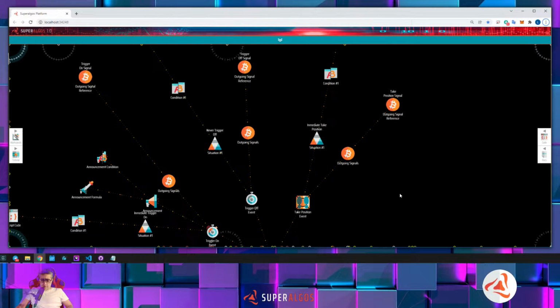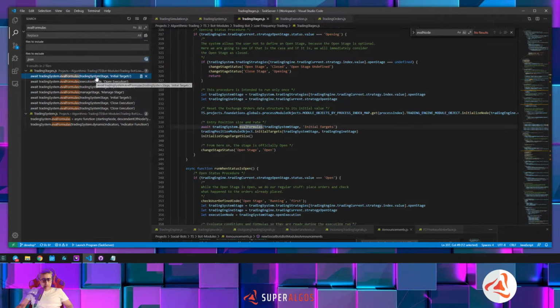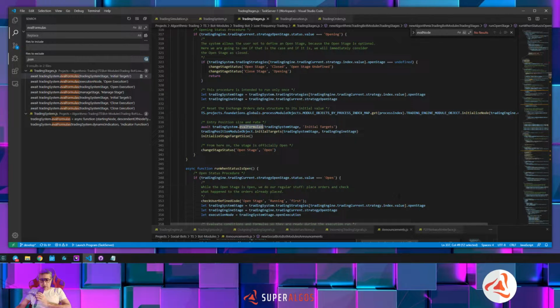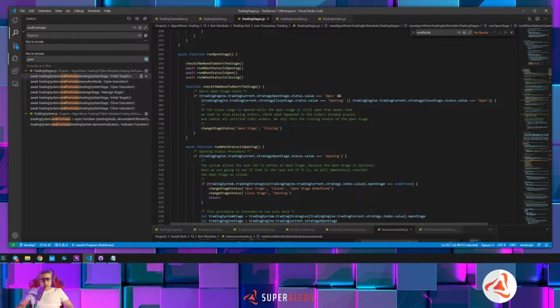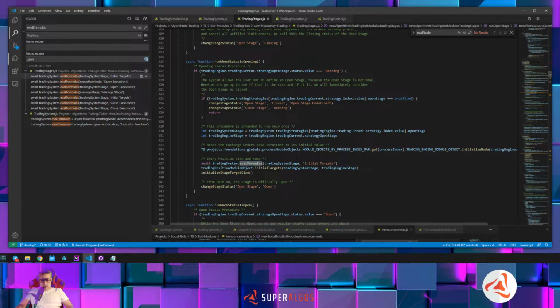Okay, so the next one in the list is this one. Here we are talking about the open stage, initial targets.